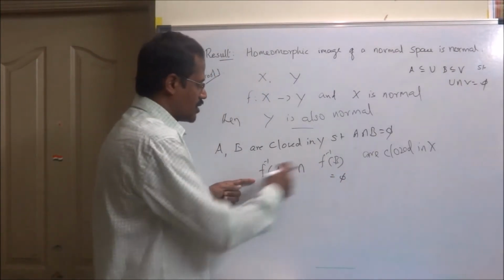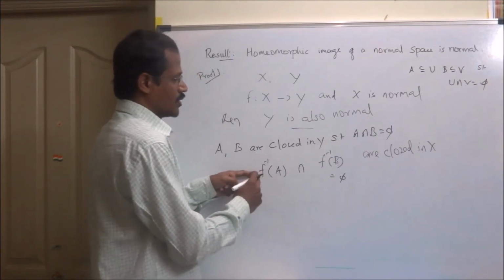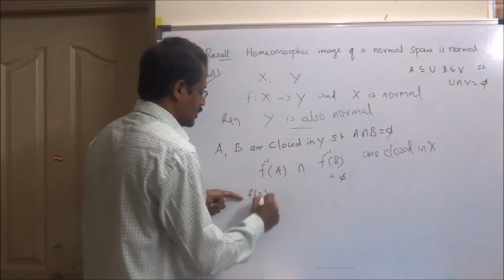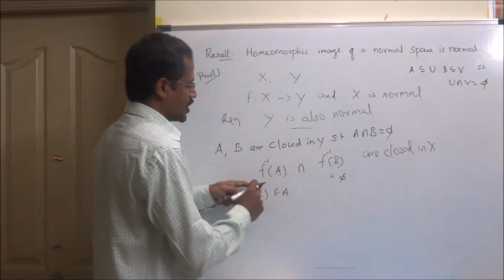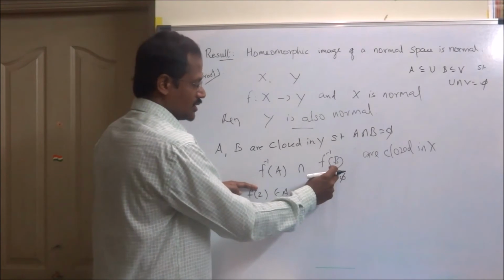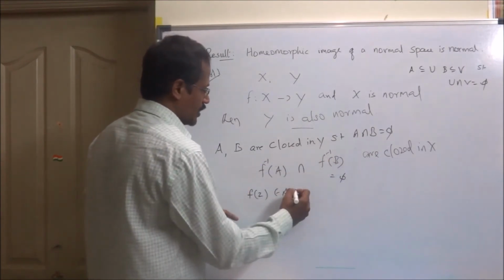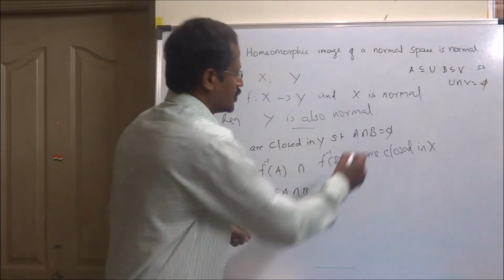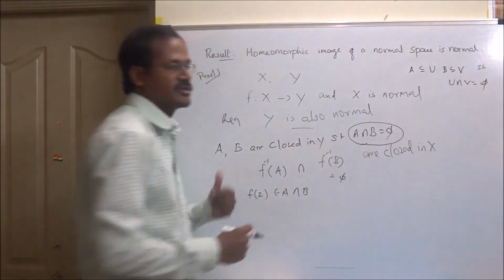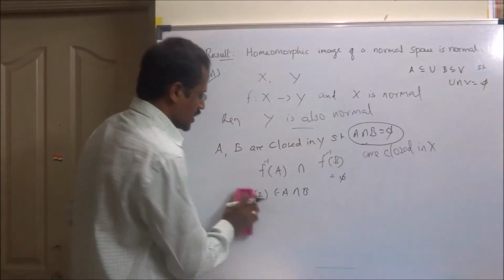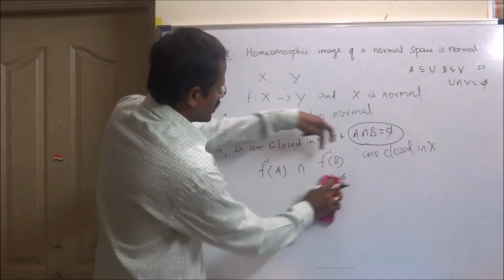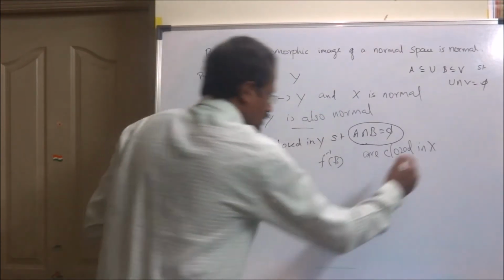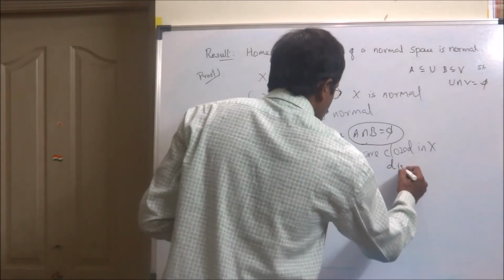Because if you have a common point, say Z, common to this as well as this, then F of Z is a point of A, and because Z is assumed to be a point in this set also, F of Z is in B. Therefore A intersection B is non-empty, which is not possible, because the basic assumption on A and B is they are disjoint. Therefore there is no common point among these two sets, F inverse of A and F inverse of B. Therefore these two are disjoint closed sets in X.